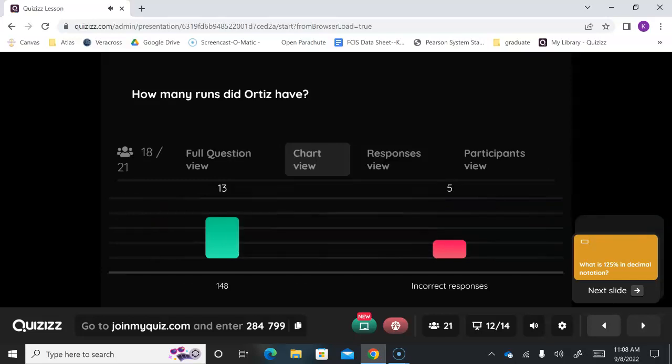How do I figure out how many Ortiz has? Add 20. Ortiz has 20 more than Jones. So once we know Jones, add 20, then we get Ortiz. Okay? And then make sure that you compare and identify that you get the right numbers, it's easy to mix them up. Actually, who should have more runs? Then make sure that's the one who has the most. And make sure there's a difference of 20.